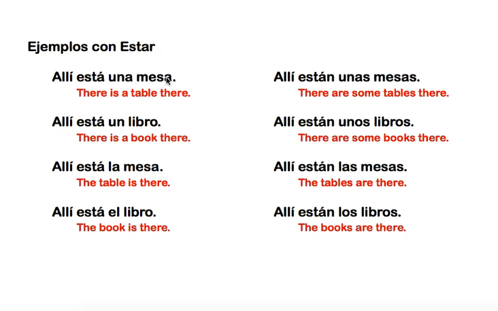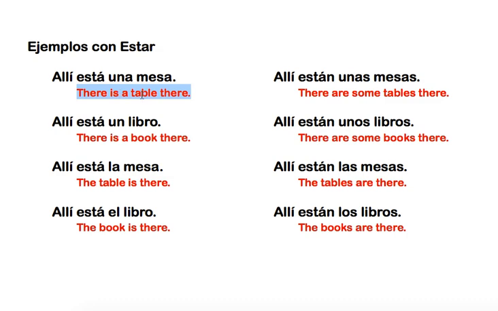Allí está una mesa. There is a table there. Okay. This is going to be a little confusing, but bear with me. Why did I translate it this way? I could have just said a table is there or there is a table. But I translated it this way to reduce ambiguity or reduce the possibility of misunderstanding what I said.